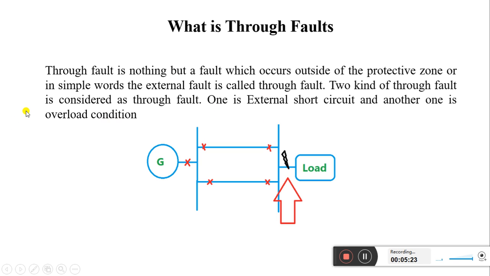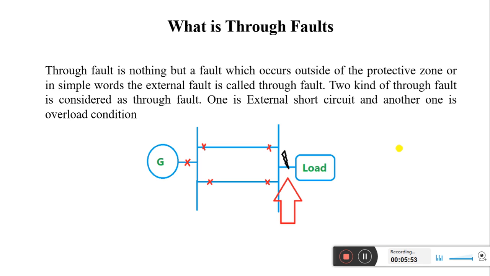Now next we'll discuss what through faults are. This is also a common fault in a transformer. A through fault is a fault which occurs outside the protected zone, or in simple words, an external fault is called a through fault. As we have seen in distance protection, differential protection, or any type of protection, we define a protection zone.